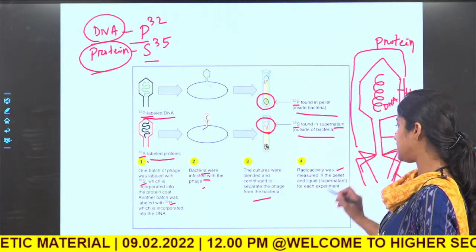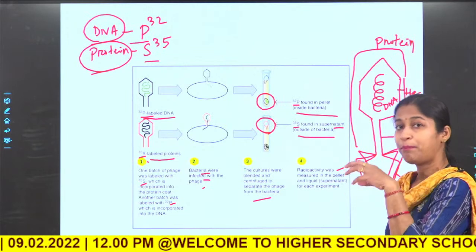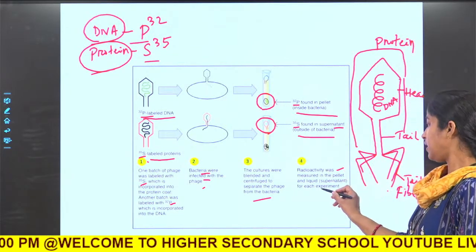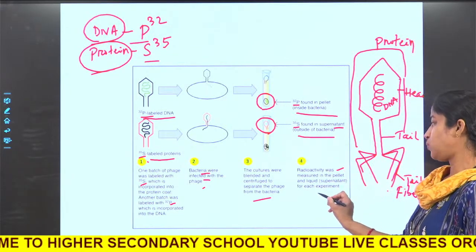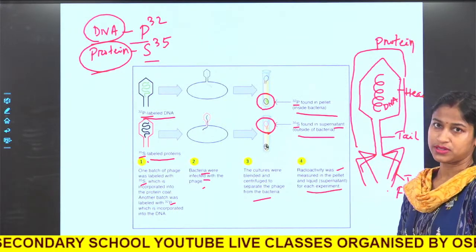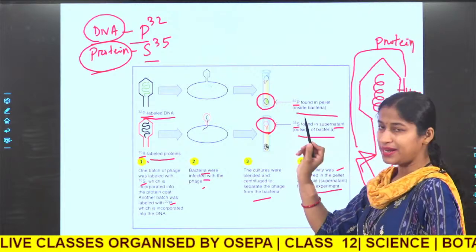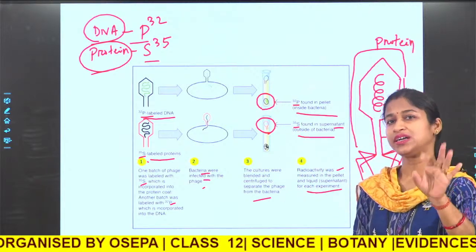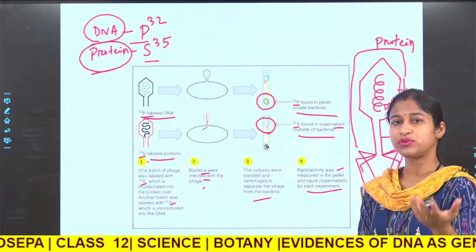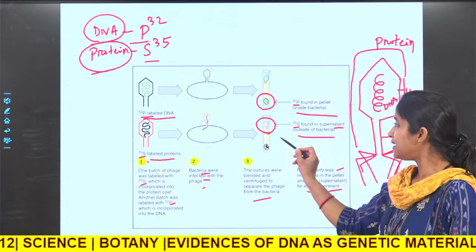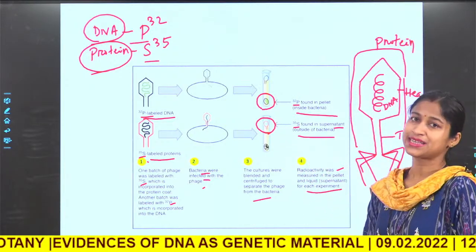So, radioactivity was measured in the pellet and in the liquid supernatant for each experiment. Radioactivity found inside the pellet is in the form of P32, and radioactivity found in the supernatant is in the form of S35.